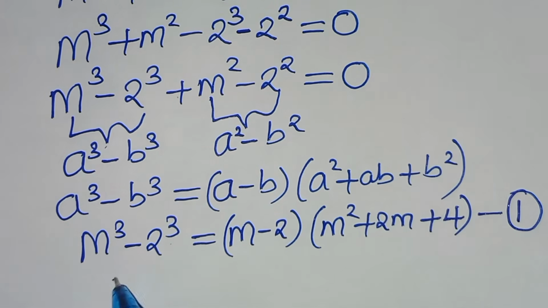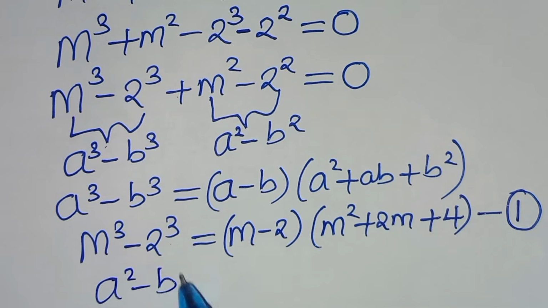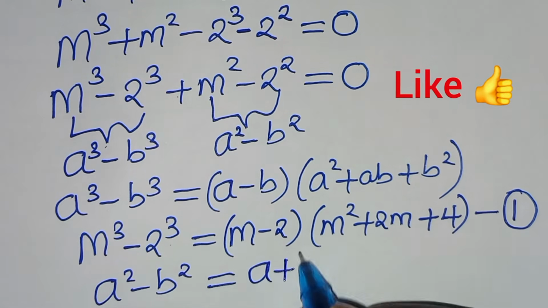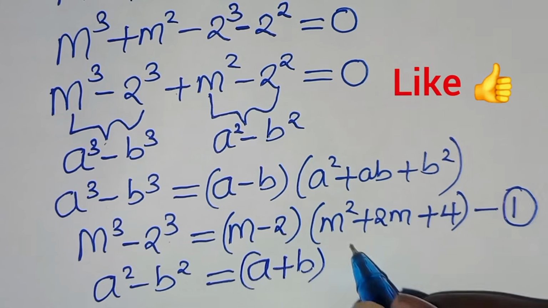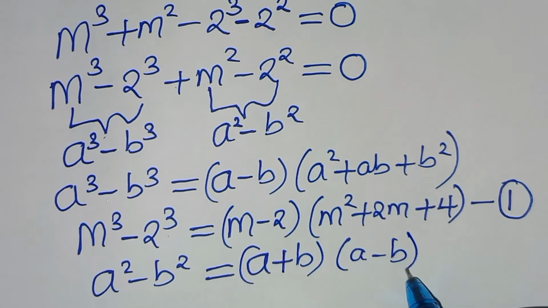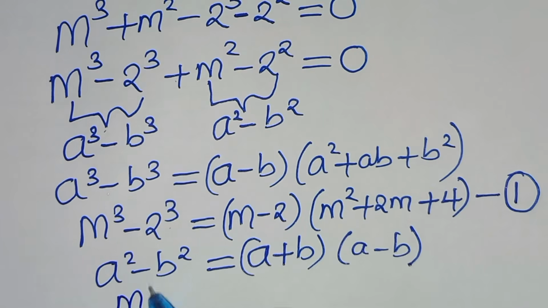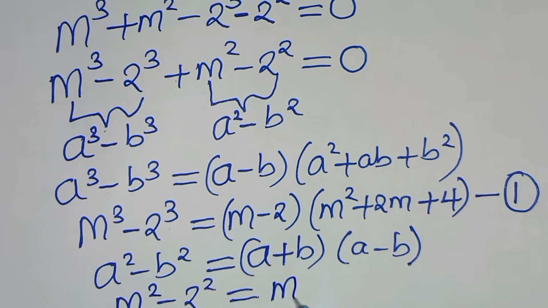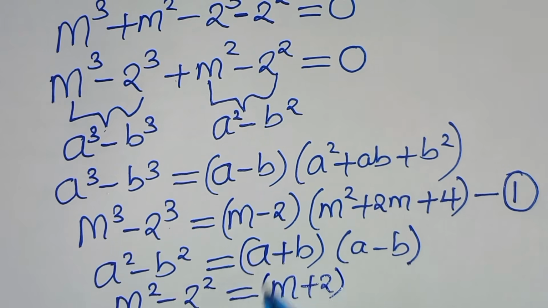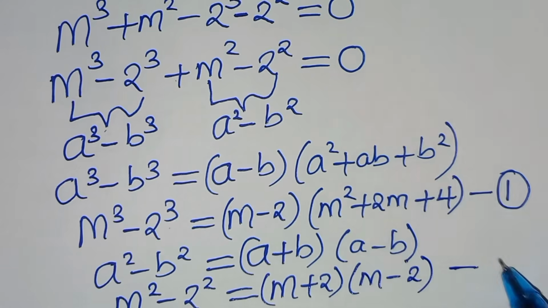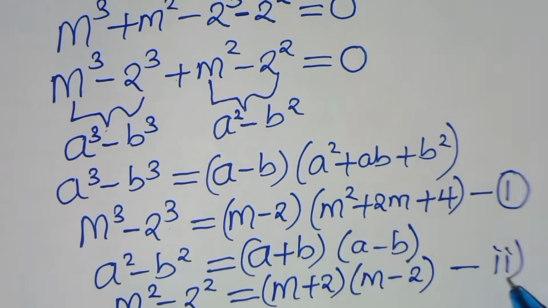And we have that a squared minus b squared is actually the difference of two squares expressed as a plus b and a minus b. So this implies that m squared minus 2 squared can be expressed as m plus 2, and here we have m minus 2. Let's call this equation 2.